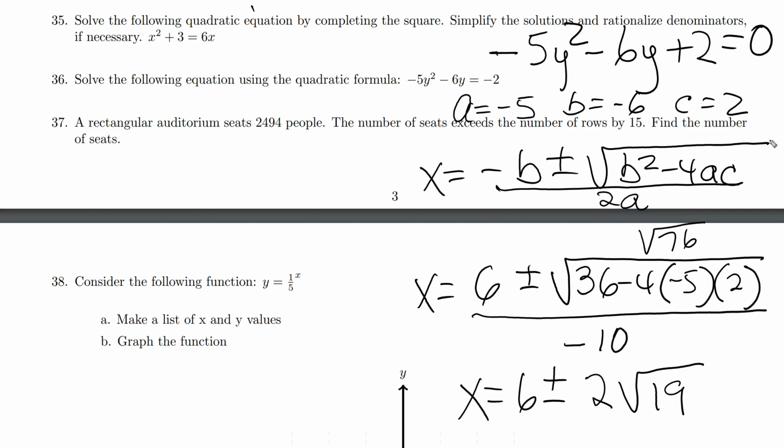So I have this then on the top. And I'm going to factor out a 2 here. So this would be 2 times 3 plus or minus the square root of 19 all over, and I'm running out of room here, a -10, which is something, and I'll get back to that in a minute.